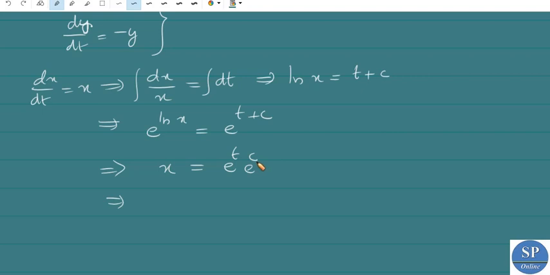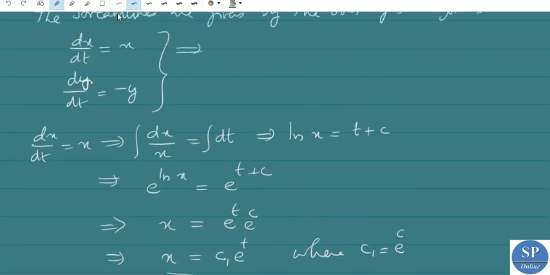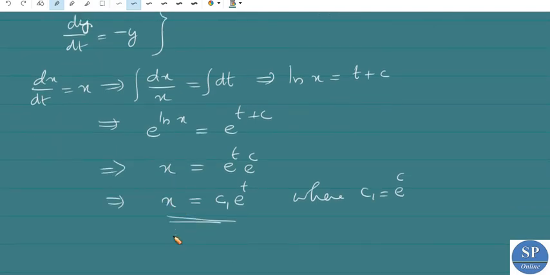Since c is a constant, e power c is also a constant, so we express this as some c1 into e power t, where the constant c1 is nothing but e power c. So we have the solution of the first equation: x equal to c1 e power t.